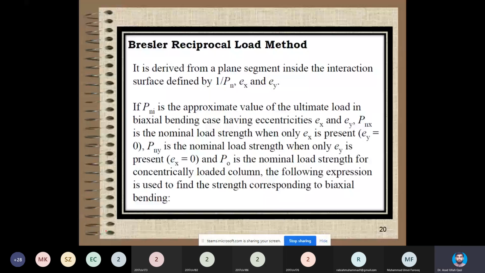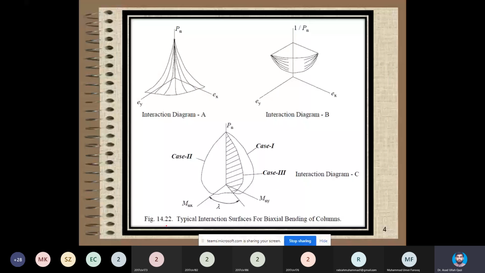Now here, you will see on slide number 4 that this interaction surface diagram is drawn in the first quadrant, Ex positive, Ey positive, and the reciprocal of the load, that will be used for this Bresler reciprocal load method. And in this surface, we will locate a plane segment.